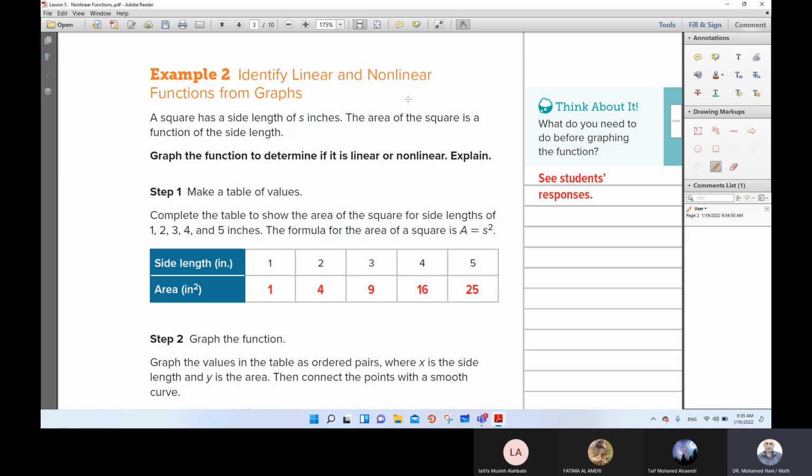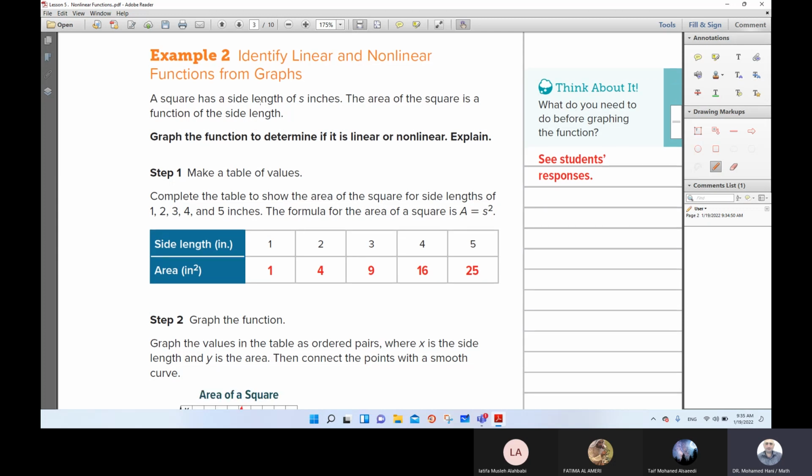Identify linear and non-linear functions from graphs. A square has a side length of s inches. The area of the square is a function of the side length.